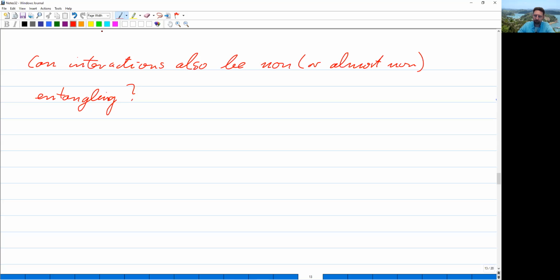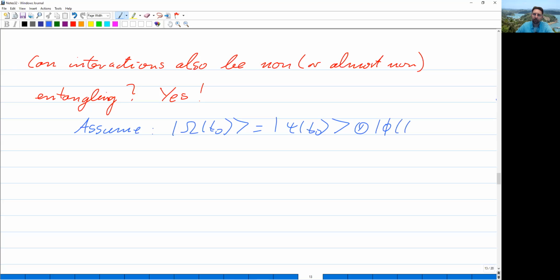But it turns out it is super important that, because it just occurs all over the place, interactions are strong without being entangling. So yes, this can happen. And here's how. Assume that, again, the initial state of our system is psi of t naught tensor phi of t naught.